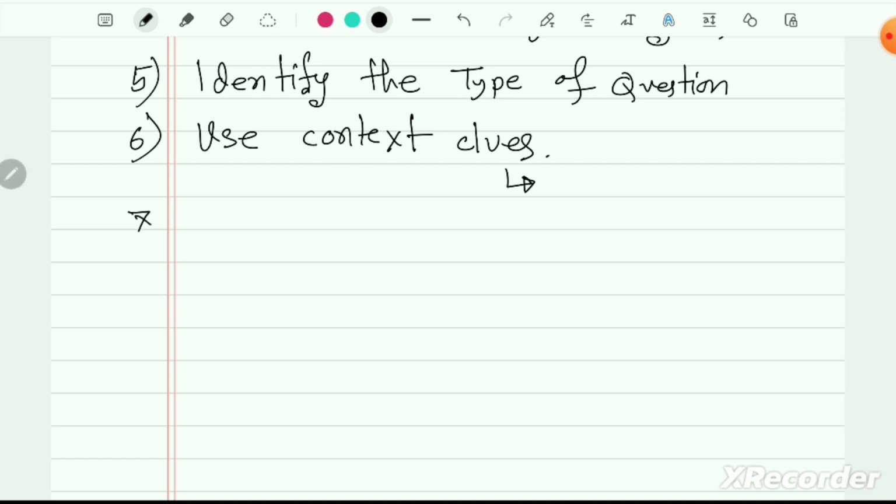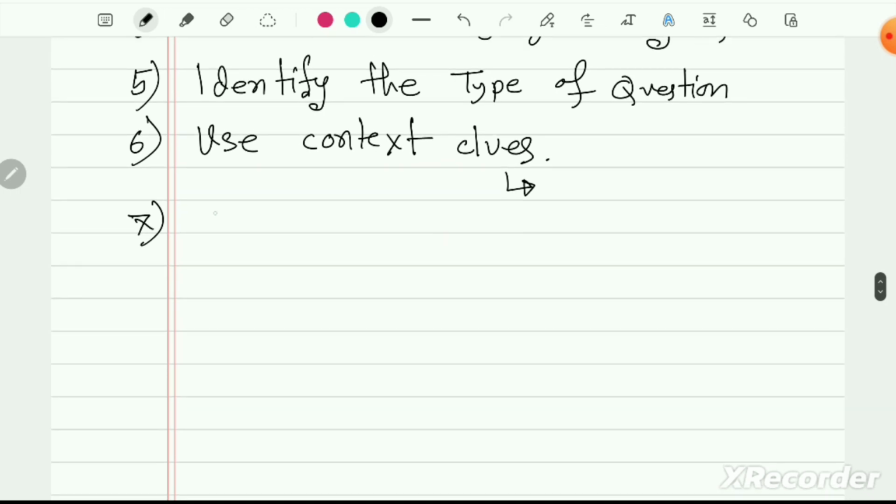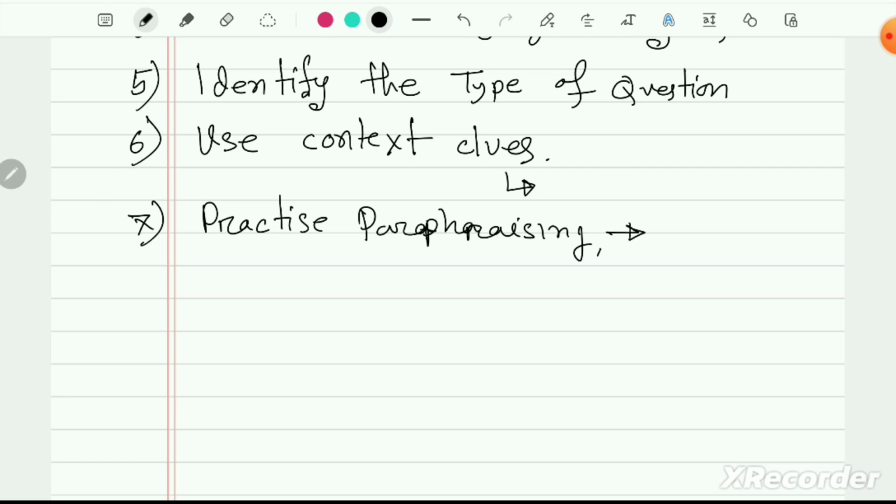Number 7, practice paraphrasing. This point is actually more relevant to IELTS, not TOLC-I or E, but as I wrote, IELTS questions often use a paraphrased version of the text.